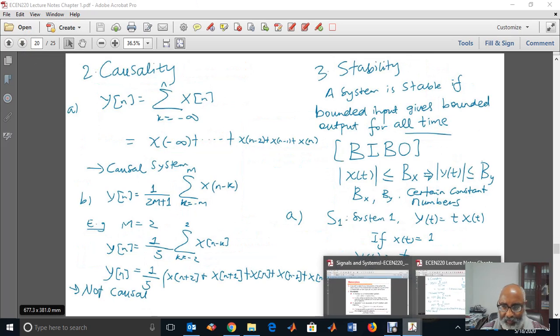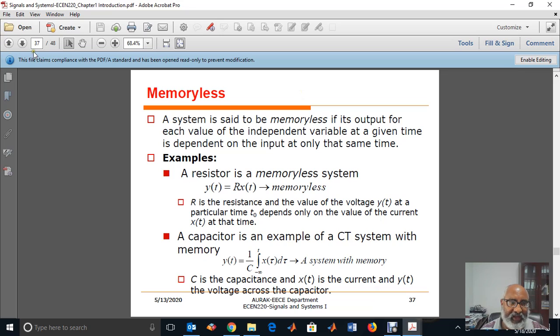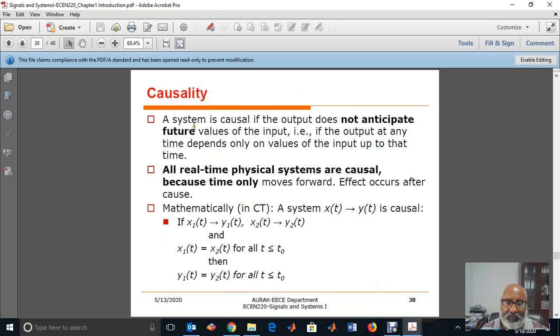Okay, another property is causality. A system is said to be causal if the output at the present time t depends on the previous input, or the present input, or a combination of the previous and the present input, but not on future inputs.